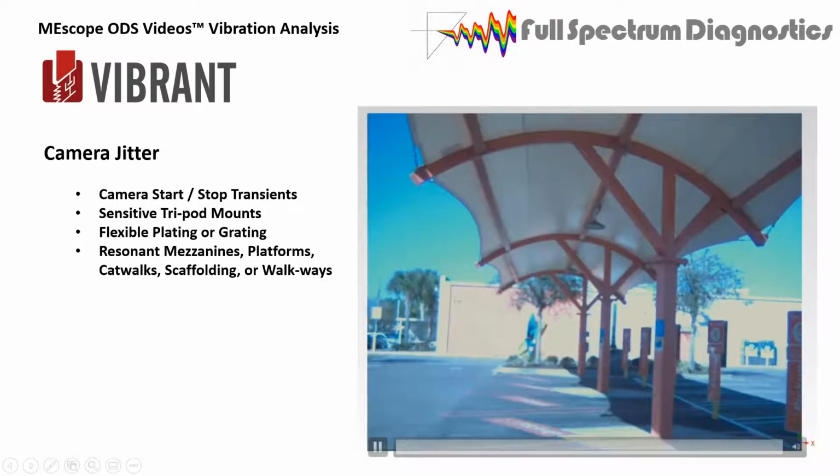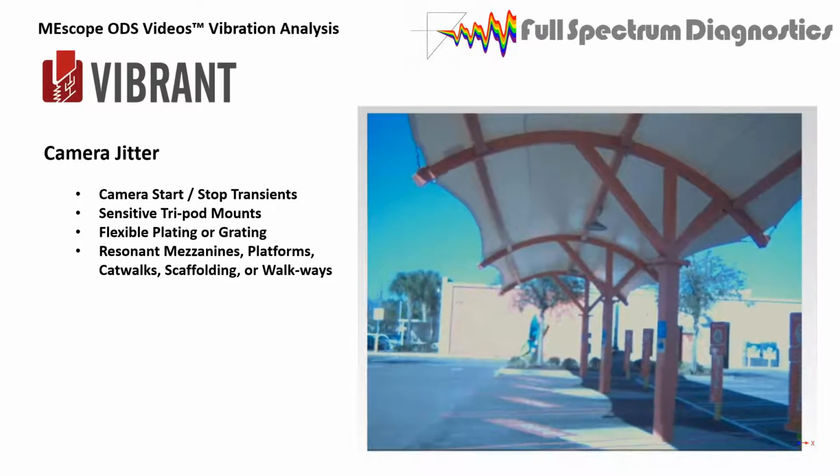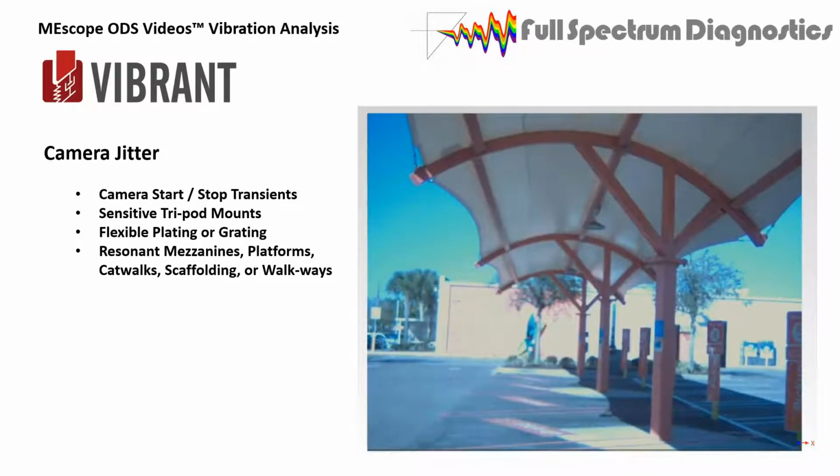So I hit finish, and I have an example here of the camera jitter. This was me turning on the camera. Okay, there's a pulse, and that was part of the waveform, but it showed up, obviously, on every waveform. You can get different types of pulsing and jitter in the camera from start-stop transients like this, sensitive mounts, flexible plating or grating that the camera's sitting on, mezzanines, platforms, all that.